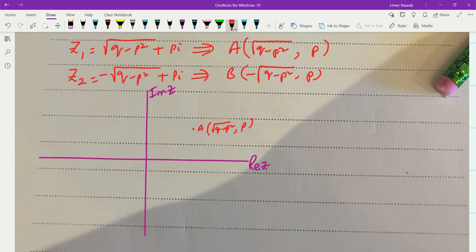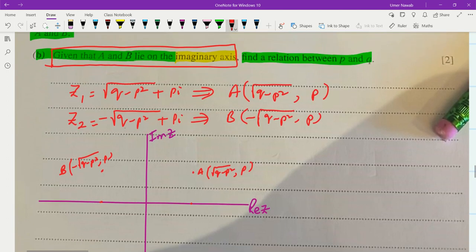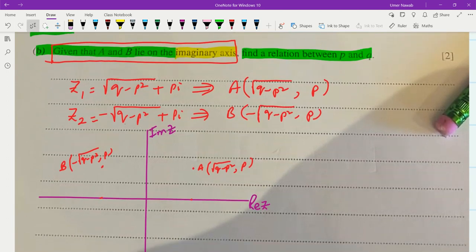Then I take the negative value of the square root of q minus p squared, and this is your point B. Clear? He said that these points A and B are on the imaginary axis. If they are on the imaginary axis, then it means the x coordinate should be 0.